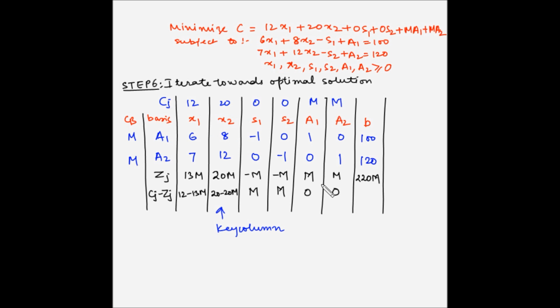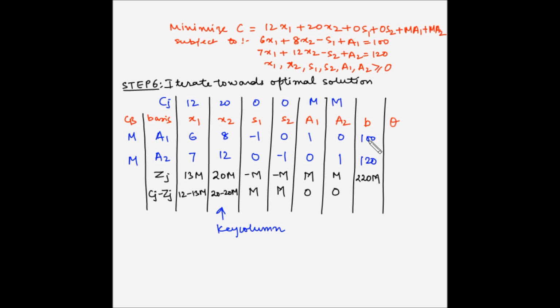Next we have to find the departing variable out of a1 and a2, which will be replaced by x2. In order to determine which of the variables will be replaced, elements under the column B are divided by the corresponding elements of the key column. These ratios are noted in the column theta.